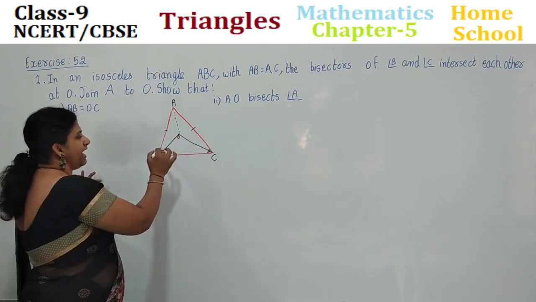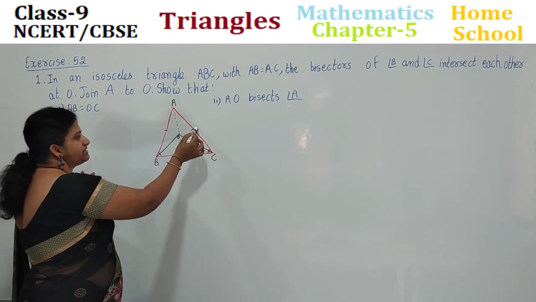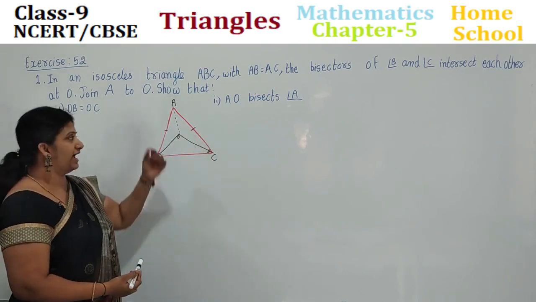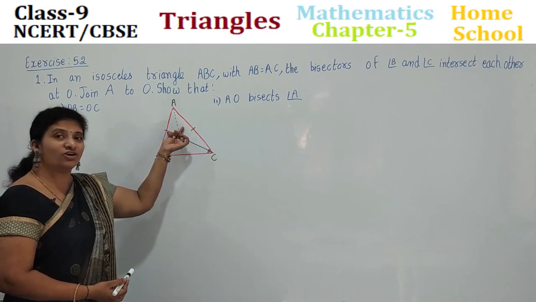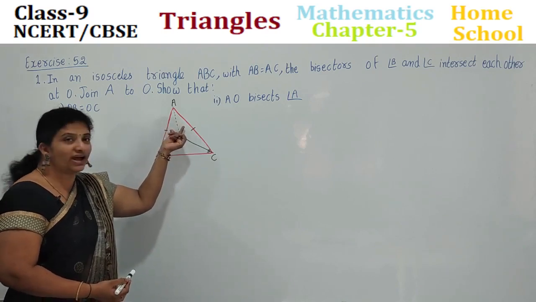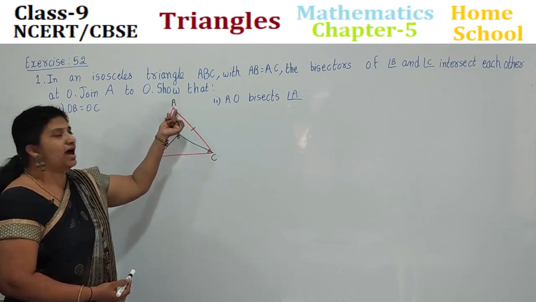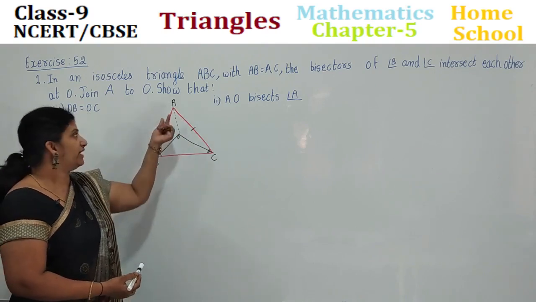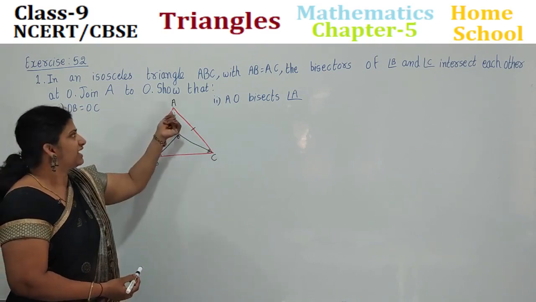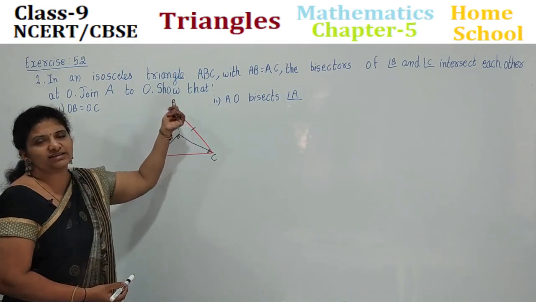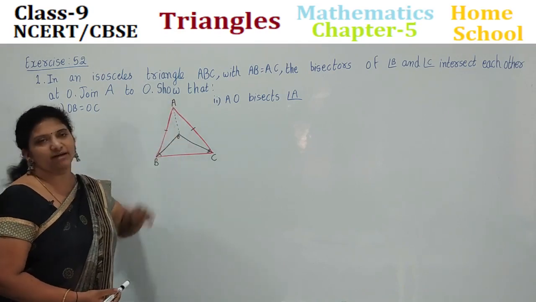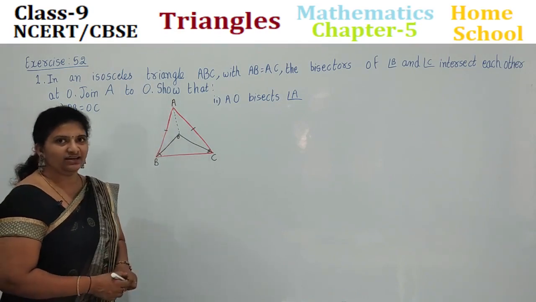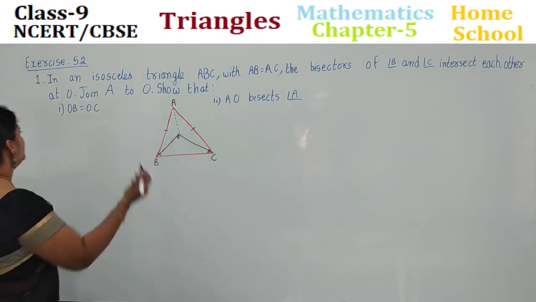By side, angle, side, SAS congruency rule, I can say that these two triangles are congruent. If these two triangles are congruent, their angles are, by CPCT, equal. If this angle equal to this angle, I can say that angle A is bisected. That means AO bisects angle A. Let's start a proof here.